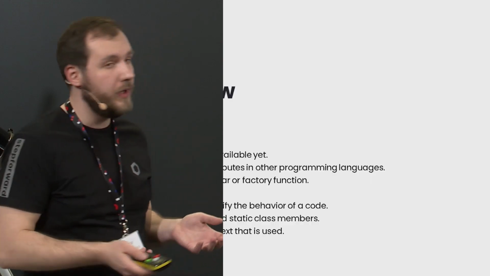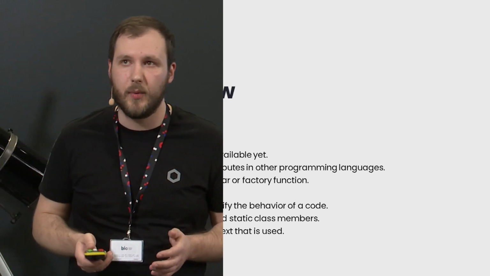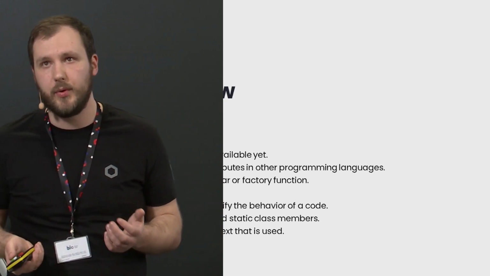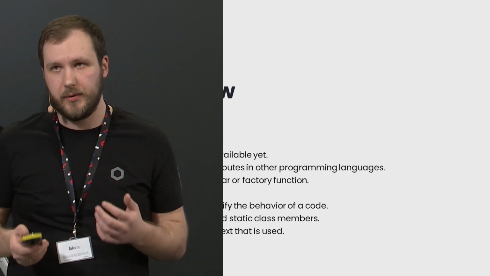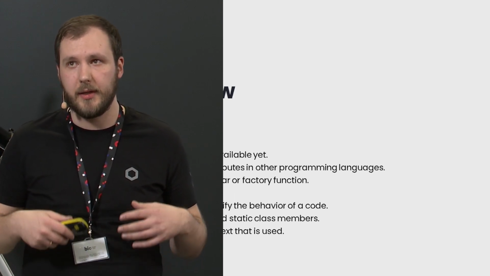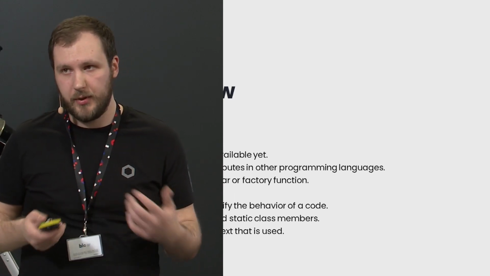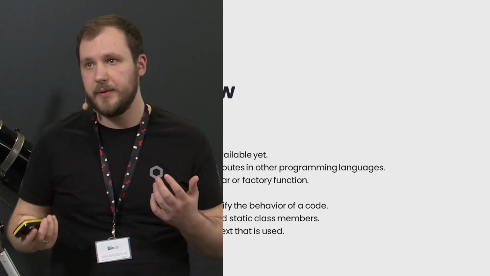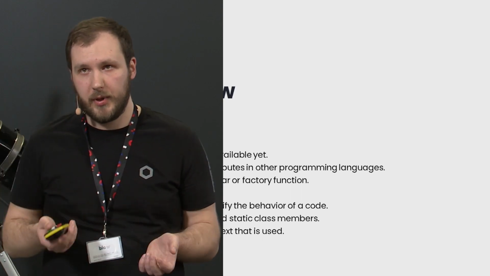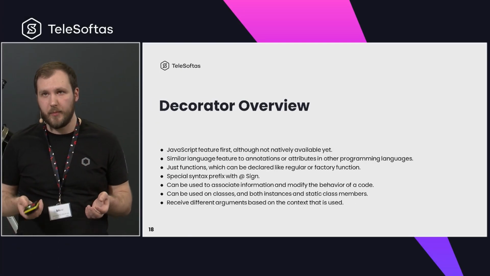So hopefully by now you have a rough idea what decorators are and what you can do with them. The key points that you should understand about decorators are that it's a JavaScript feature first. You can use them today, but you do need a transpiler like TypeScript or Babel. They are similar to annotations and attributes in other programming languages.